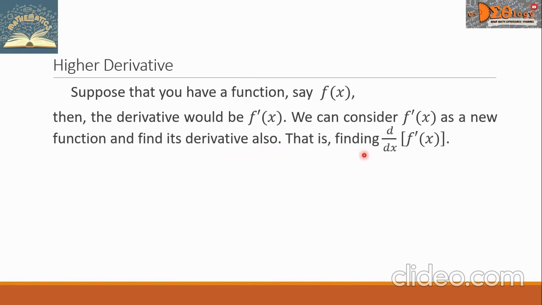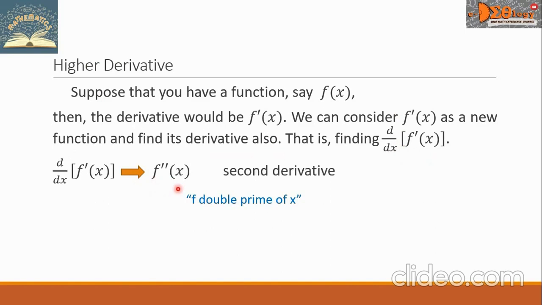That is finding d over dx of f prime of x. This symbol here can be simplified into this symbol, and we read this as f double prime of x. And this is now considered to be the second derivative.